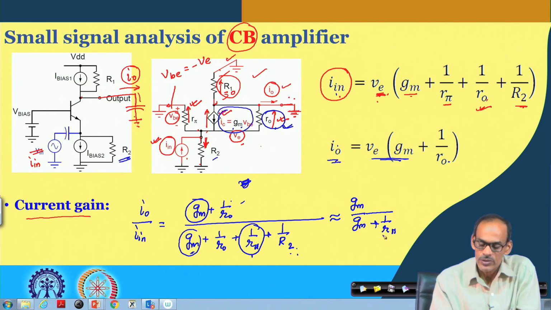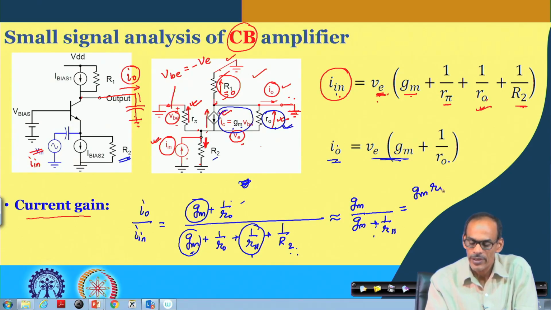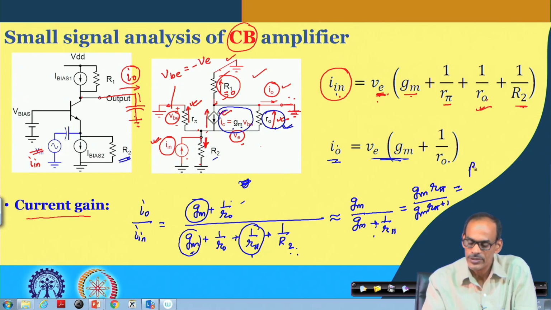But whatever it is, we can write it in this form, and you can further simplify this as Gm into R pi divided by Gm into R pi plus 1. In fact, you may recall that Gm into R pi is nothing but the beta of the transistor. So, this is beta divided by beta plus 1.